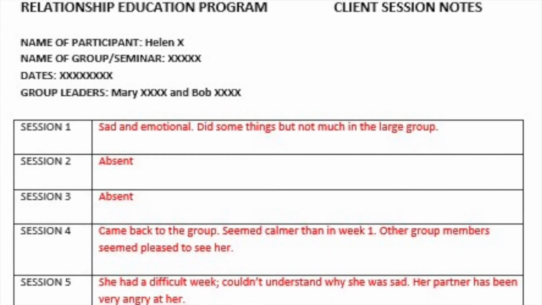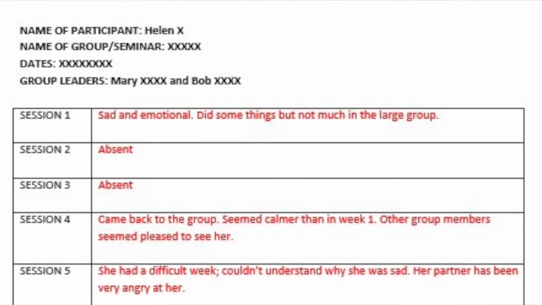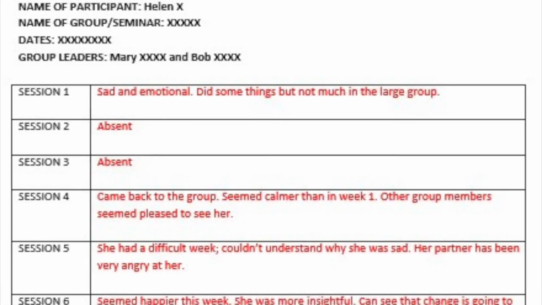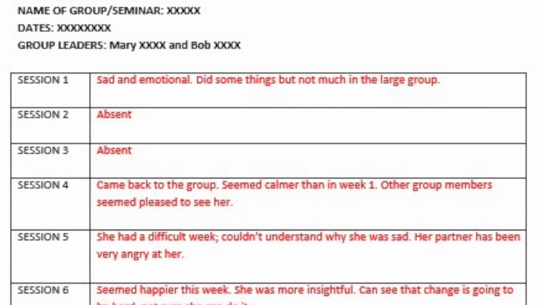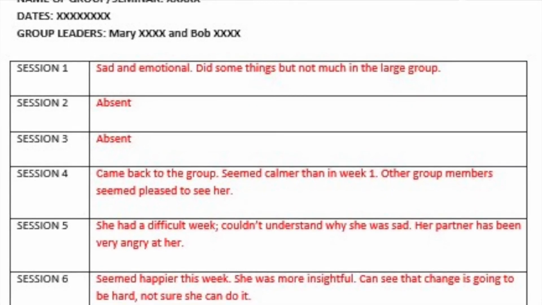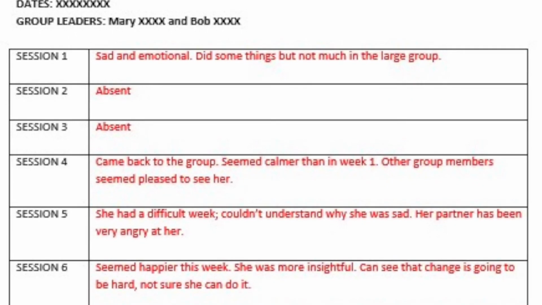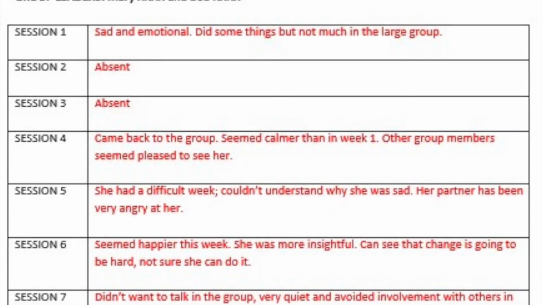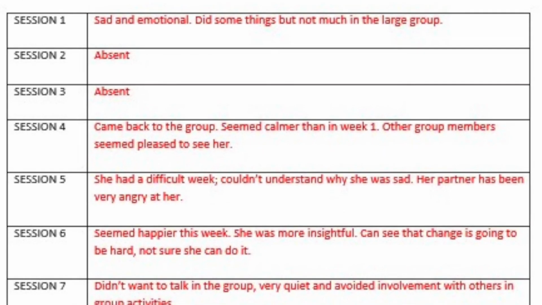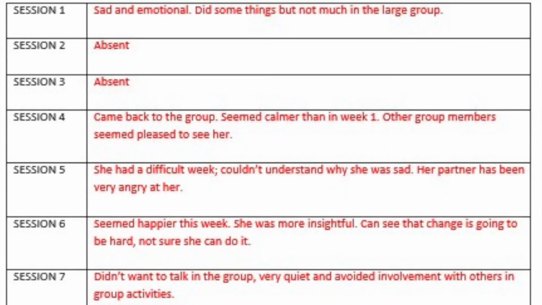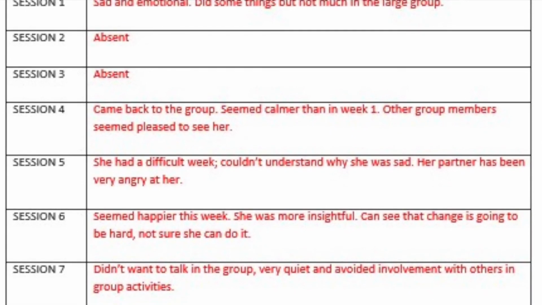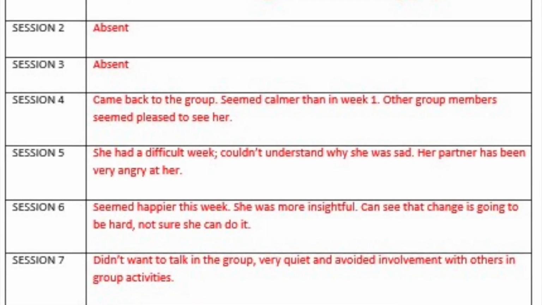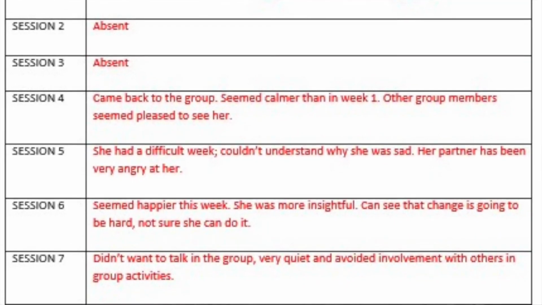It may be that she's been absent for a few sessions, but there's no detail about any follow-up or discussion or what has been said about that. So it's important that when you are recording your notes, you avoid making judgments and remember those basic principles of using observations and being clear of who said what to whom, and making sure that your notes indicate that.